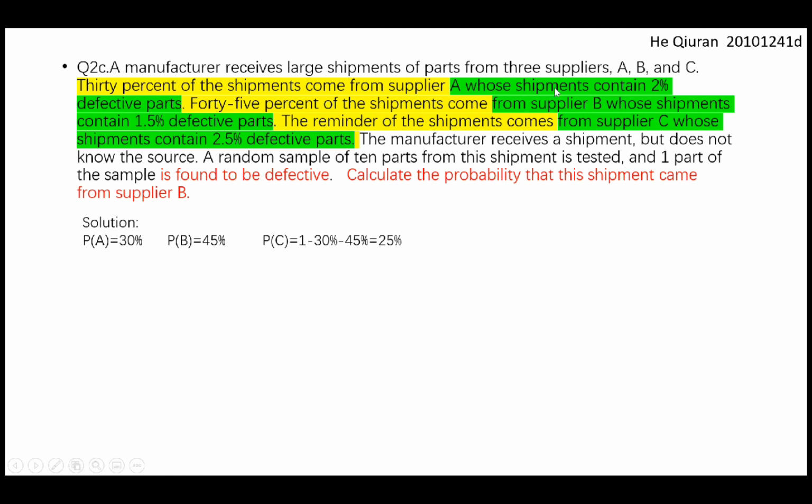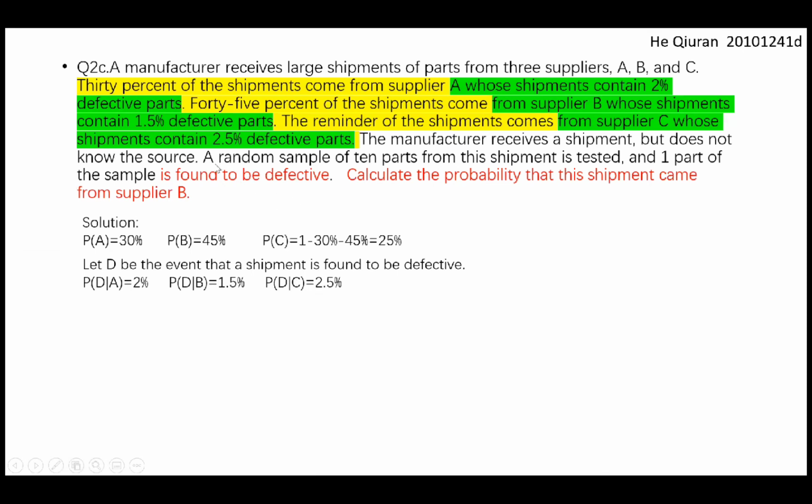And focusing here, the shipment from A contains 2% defective parts, the shipment from B contains 1.5% defective parts, and the shipment from C contains 2.5% defective parts. Let D be the event that a part is found to be defective. So we have the probability of D given A equal to 2%, the probability of D given B equal to 1.5%, and the probability of D given C equal to 2.5%.